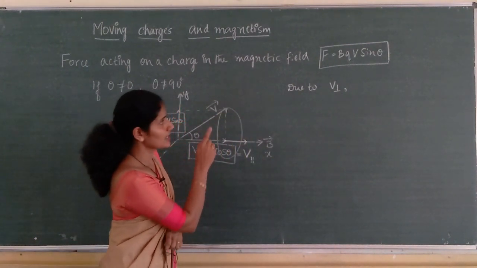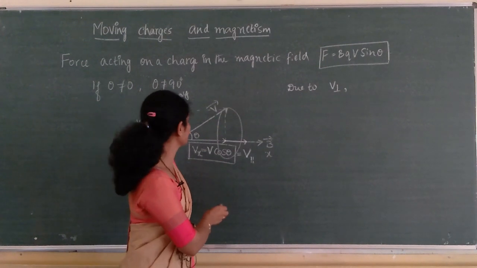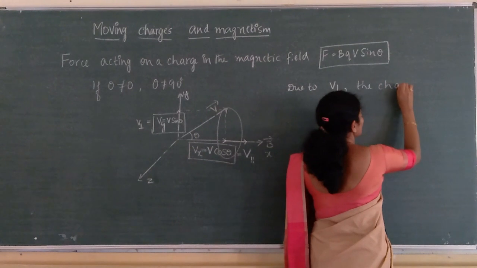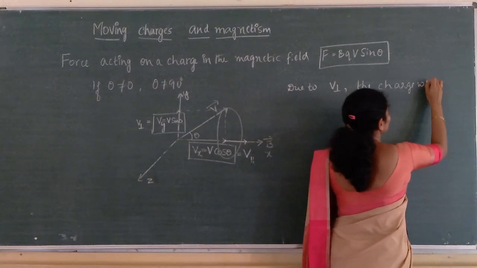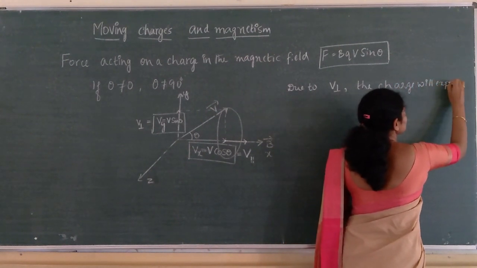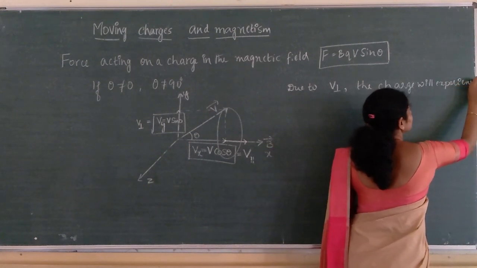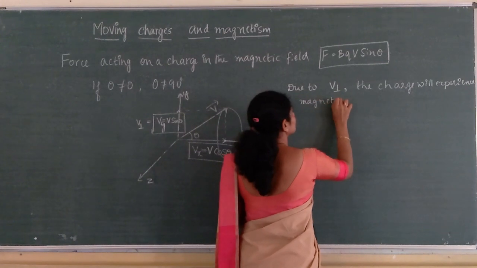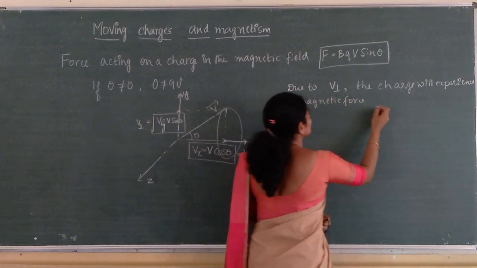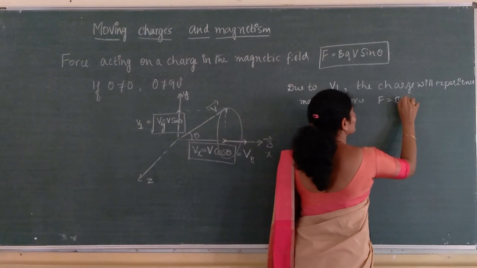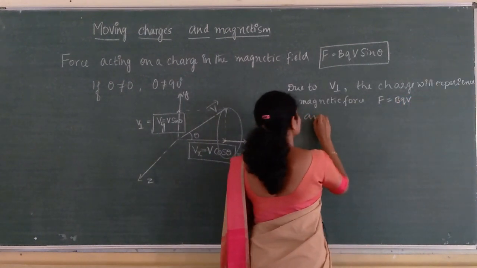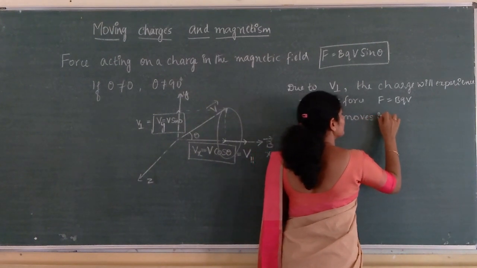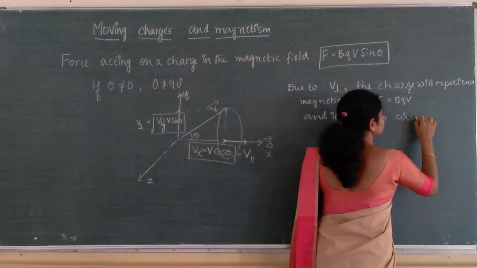So I will write here: due to the perpendicular component, the charge will experience magnetic force, that is F is equal to BQV, and it moves in a circular path.